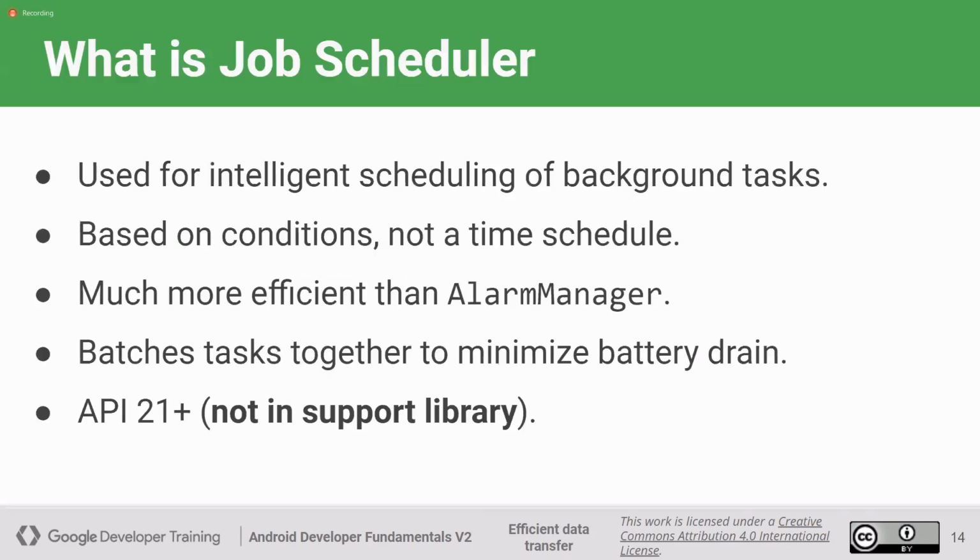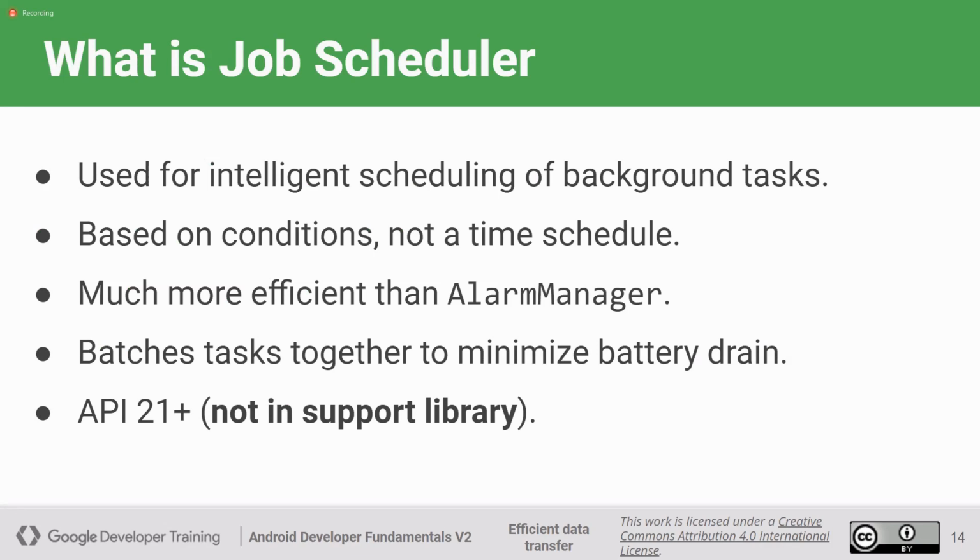That is why. So it is used for intelligent scheduling of background tasks based on conditions, not on time schedule. As said earlier, it is much more efficient than alarm manager.